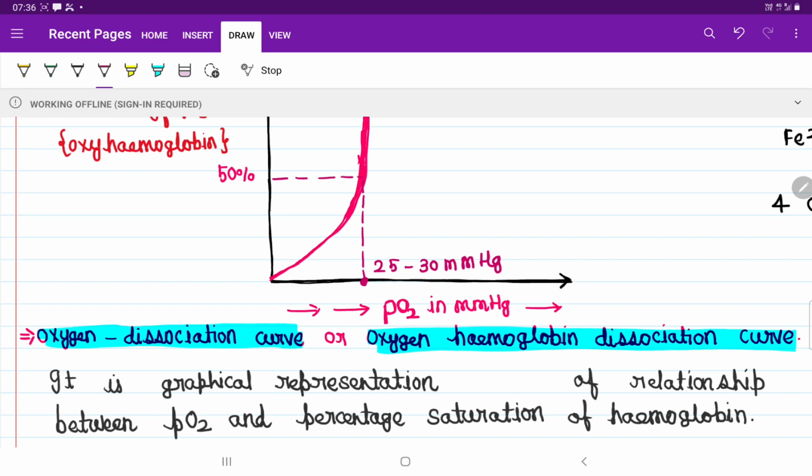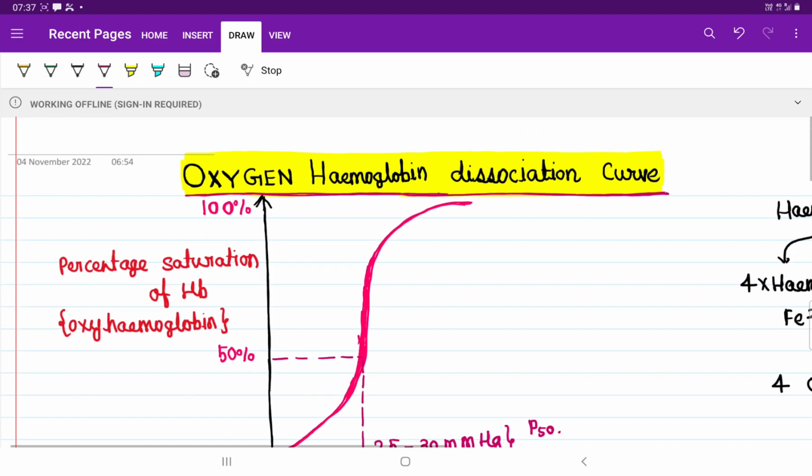I will call this value, the partial pressure of oxygen at which half of the hemoglobin molecules are saturated with oxygen, P50. And then we observe that at a value between 95 to 100 mmHg, all molecules of the hemoglobin are saturated with oxygen.